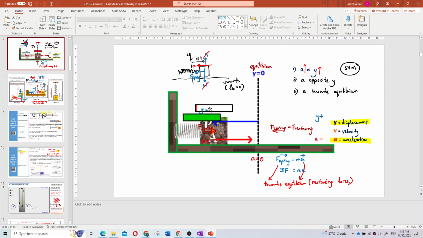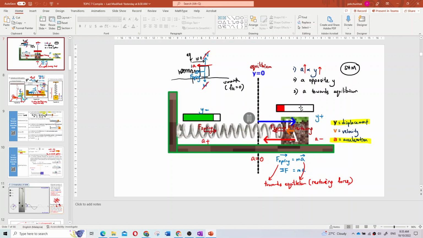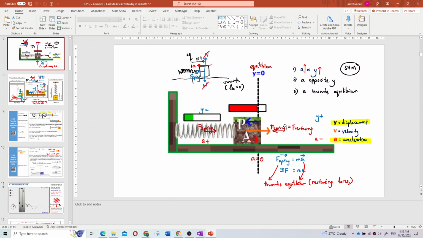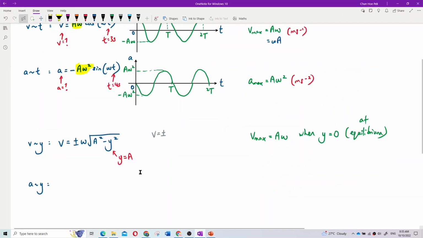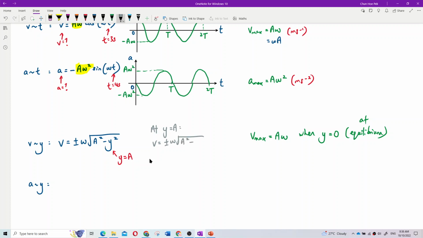The kinetic energy also becomes 0. See that? Kinetic energy, the red bar becomes 0. So at amplitude, look at the derivation. At y equal to amplitude, v equals positive or negative omega square root of a square minus y square.